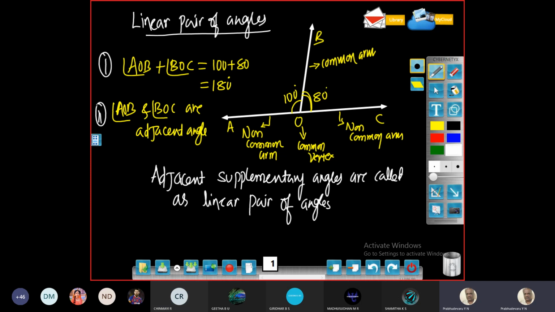Then one more type of angle is called a vertically opposite angle. We call that vertically opposite angles. Can you tell me what is a vertically opposite angle?